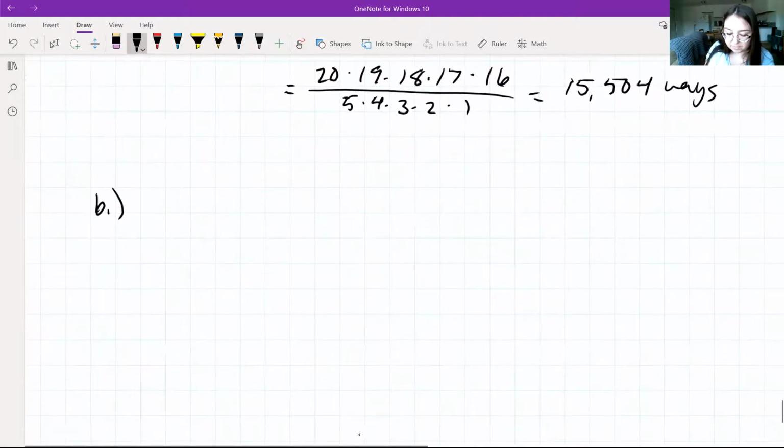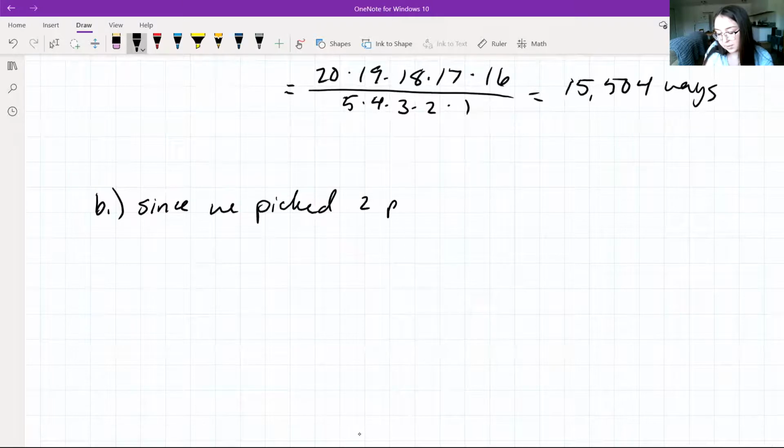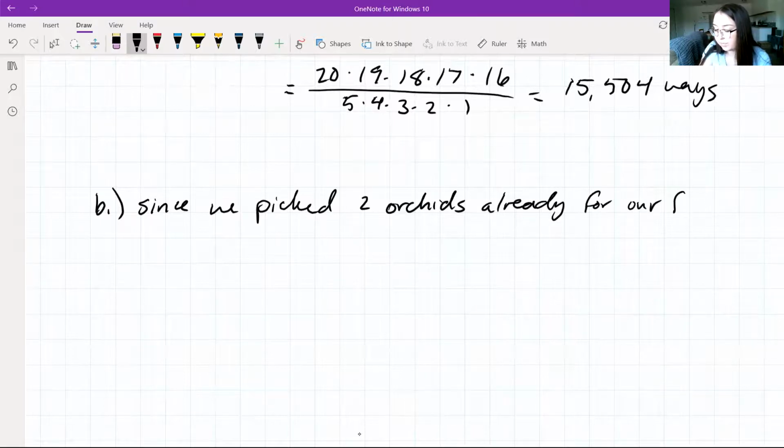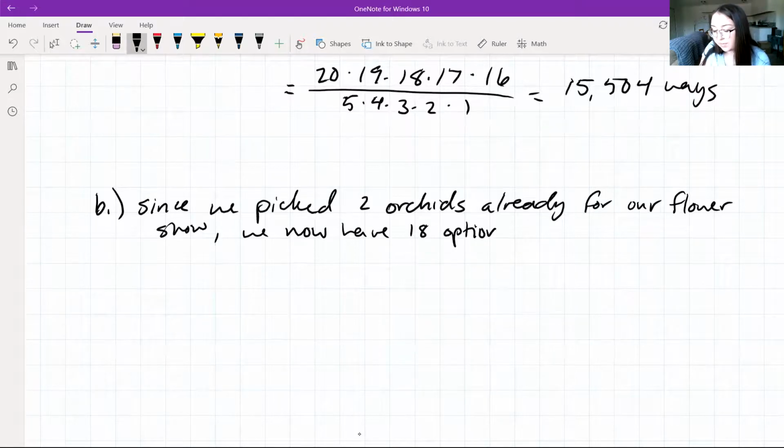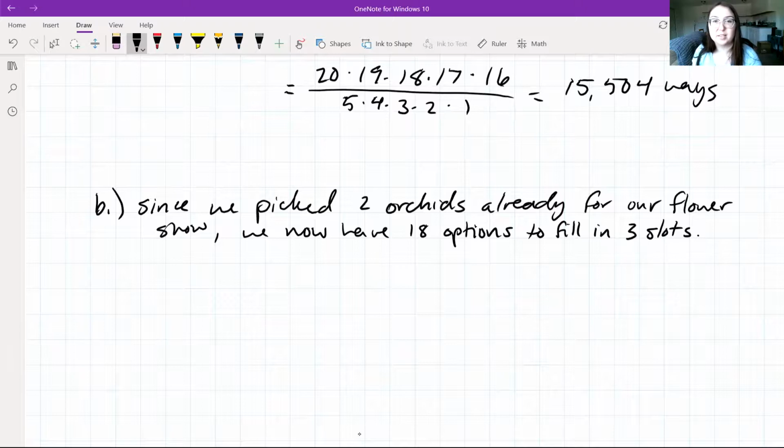But since we've already picked 2 orchids for our flower show, we now have 18 options to fill in 3 slots. So we have 18 options and 3 slots that we need to fill.